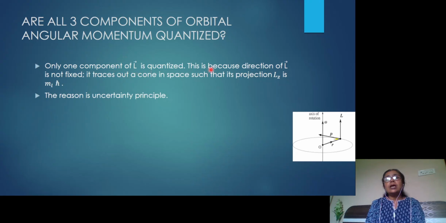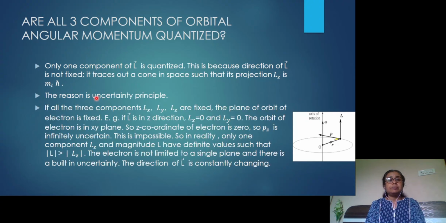This is because direction of L bar is not fixed, as we have seen in the previous diagram that L bar is precessing about the direction of B bar. It traces out a cone in space such that its projection Lz is ml h cross. The reason why Lx and Ly cannot be simultaneously quantized is Heisenberg's uncertainty principle.